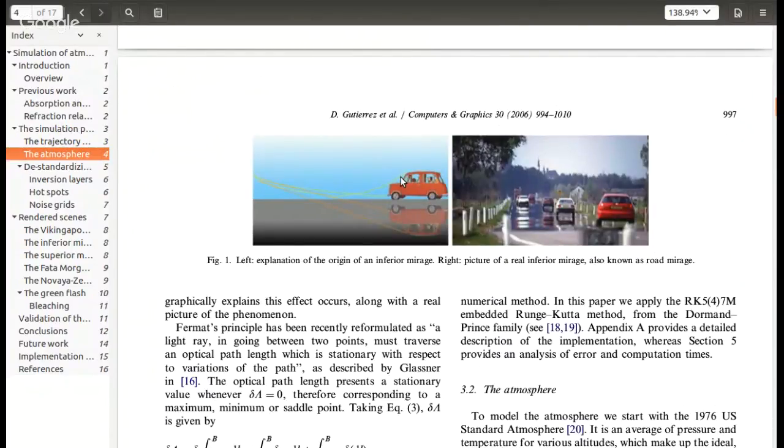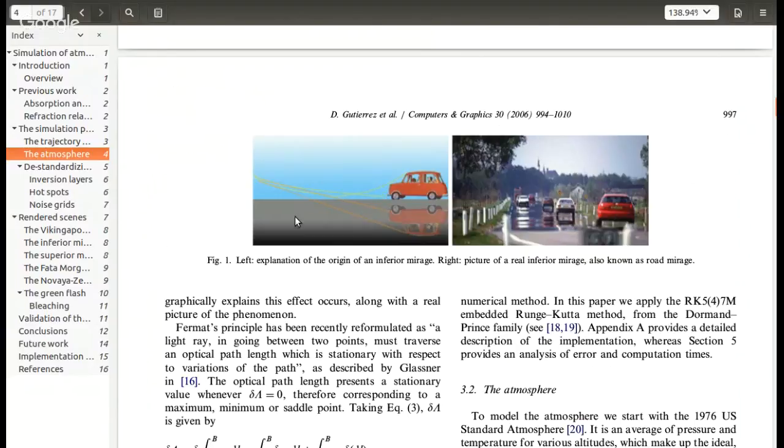Fermat's principle states that the light takes the fastest path possible given its initial angle of incidence. Here you see a case where the light bends up, and specifically this is the inferior mirage.